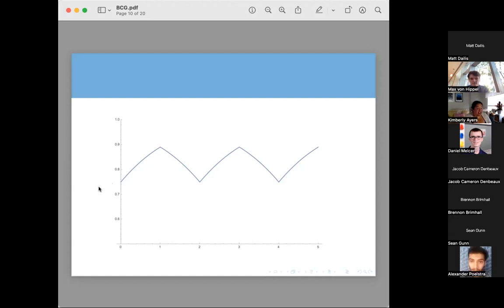And I should say, you're not going to see an autonomous system, one that doesn't have a time dependence, because you can see, for instance, let's consider the point 8. When you visit point 8, your behavior is different depending on which system you're in. Here, if I'm at point 8, I'm going through it from right to left. But here, when I visit point 8, I'm going from left to right.